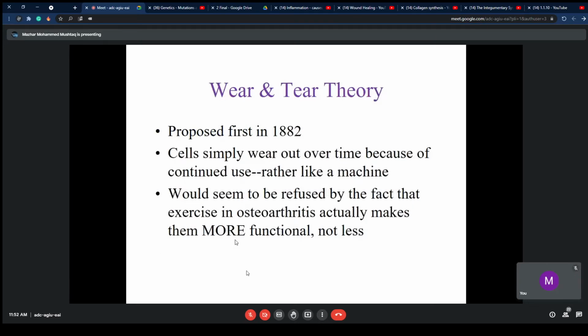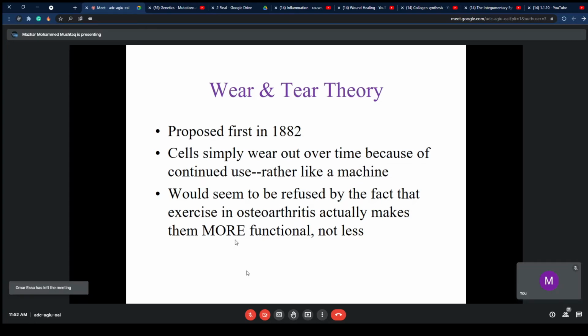This was first proposed in 1882. Cells simply wear out over time because of continuous use, just like a machine. It seems to be refuted by the fact that exercise in osteoarthritis actually makes them more functional, not less. So in this wear and tear theory, what happens when the cells are continuously performing their function?